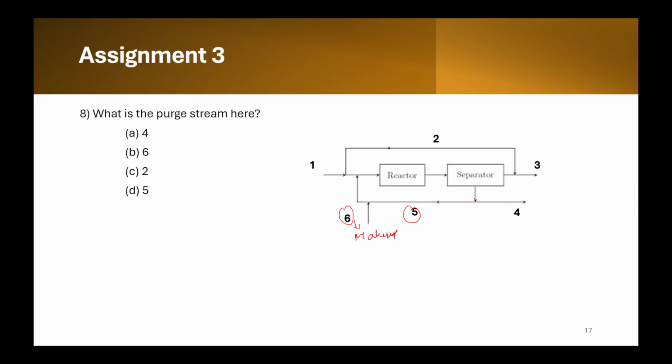See, after the separator, some of it is going back to the reactor, so 5 and 6 are adding to it. 5 is the recycle stream and 4 is the purge stream. Purge is used to remove some amount of the inerts from the unreacted reactant stream, so that accumulation of inerts inside the reactor doesn't take place. So you are separating some unwanted components from your unreacted reactant, which is taken out from the separator. So the fourth is the purge stream.